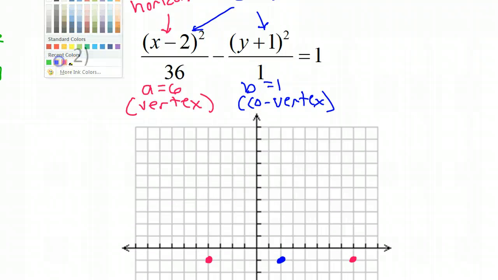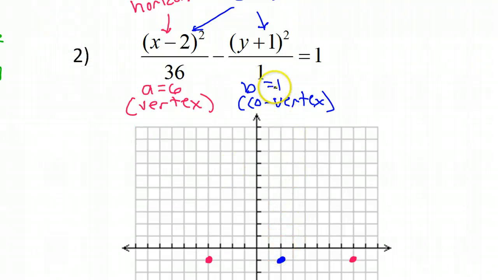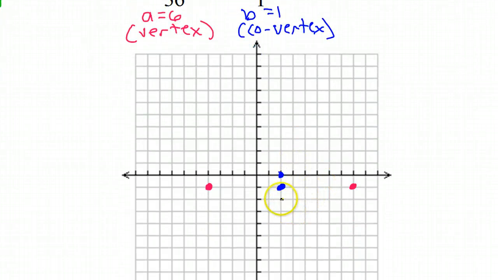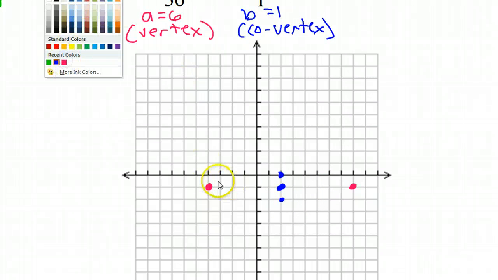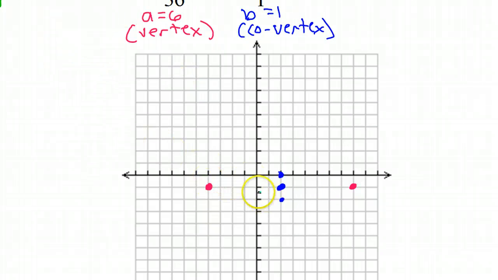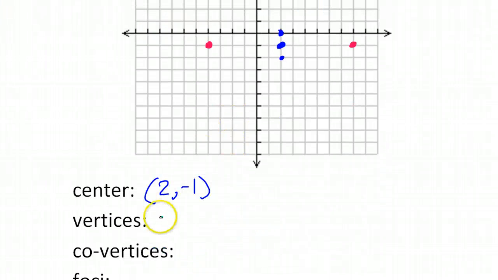How about those co-vertices? It's going to be pretty narrow because the b value is 1. So that just means up 1, down 1. I should be naming these things while I'm at it. So vertices: the one on the left here is 1, 2, 3, 4, so -4, comma, -1.